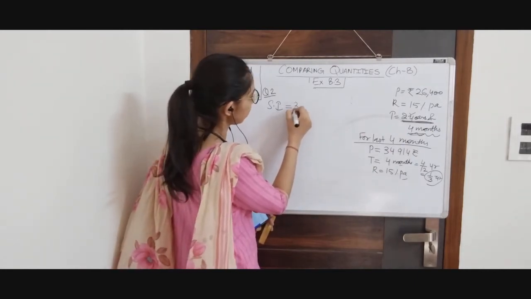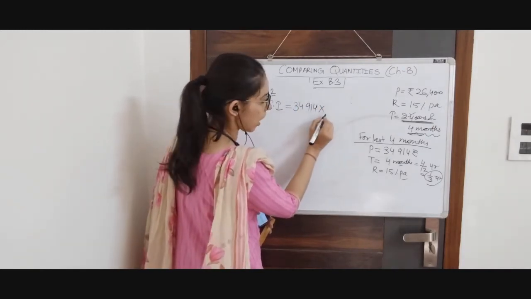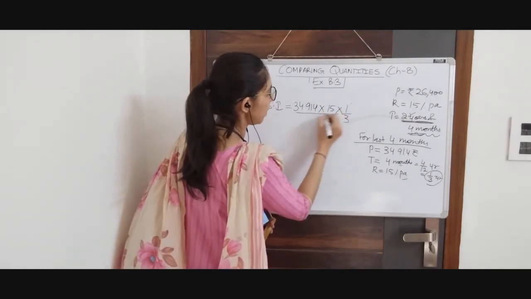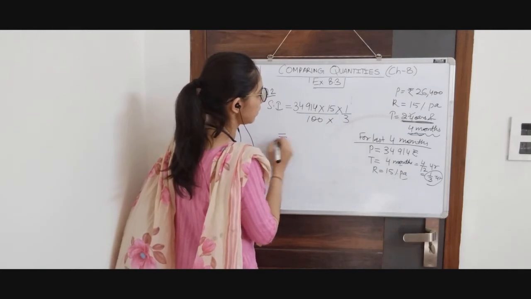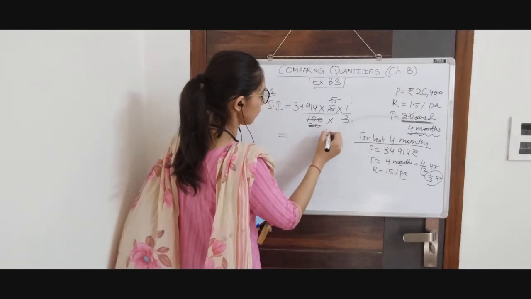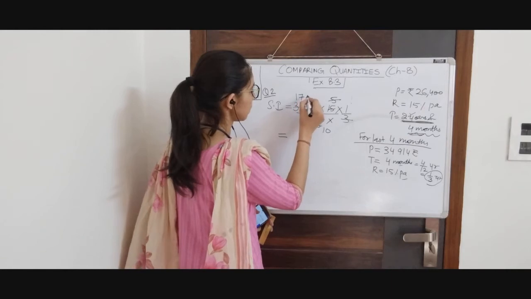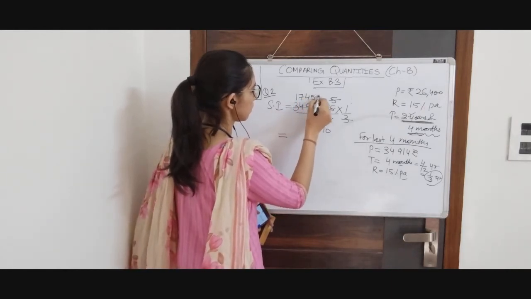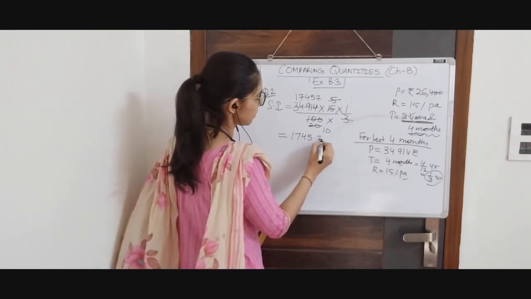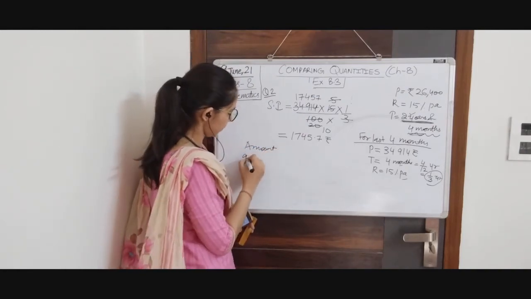So P into R into T, R is 15, into T divided by 100. Okay, so we will get 1745.7 rupees.